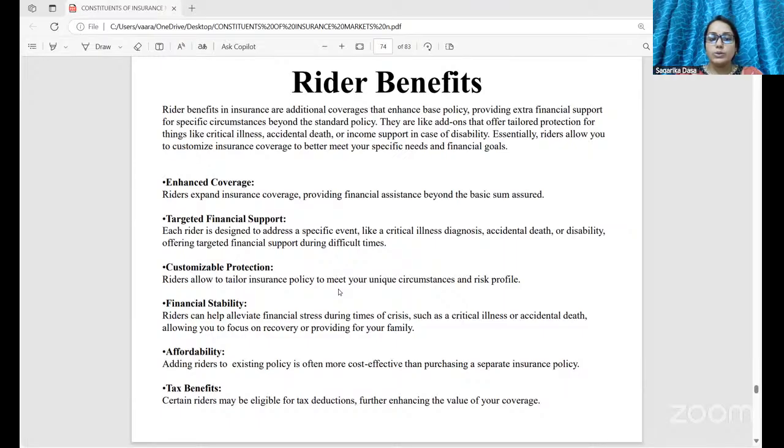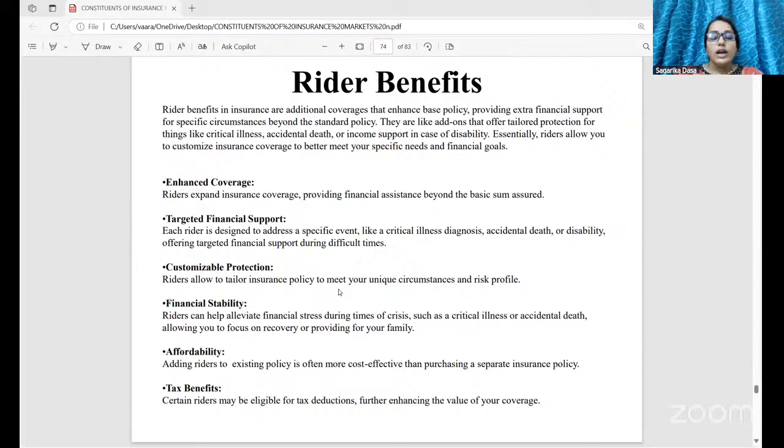Financial stability: riders can help alleviate financial stress during times of crisis. If the policyholder is facing any sort of crisis, health disease, or accidental disease or accidental death, then financial stability will be provided with the help of rider benefits.